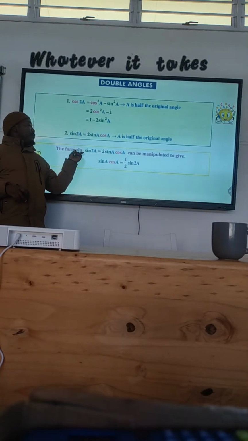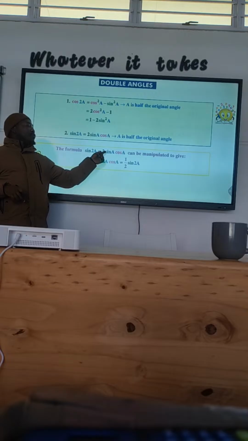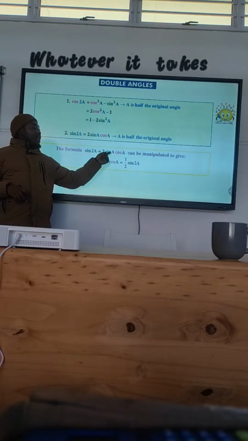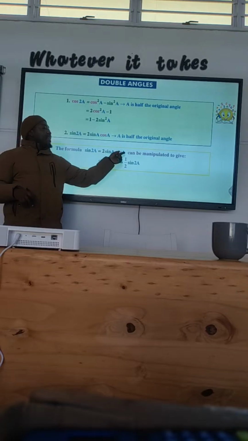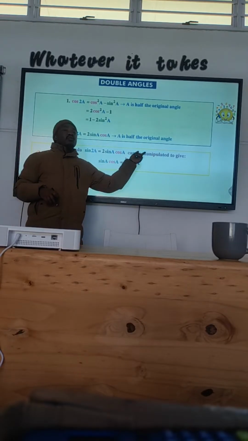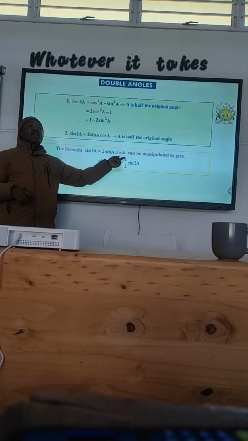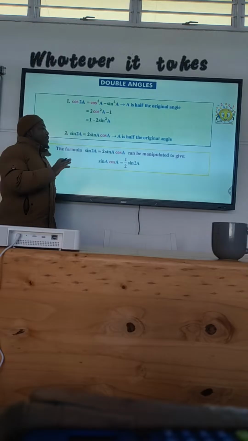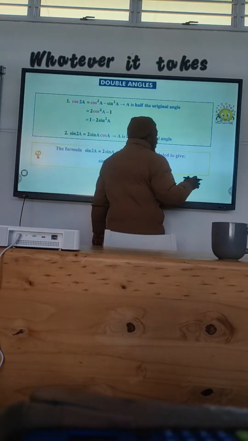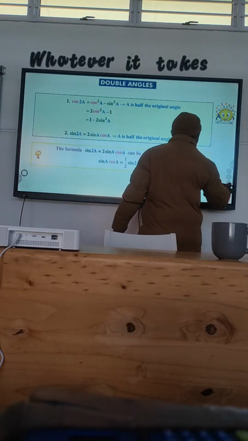The sine of 2a is the same as 2 sine a cos a. But it can also be manipulated to give us the sine a cos a is the same as 1 over 2 sine 2a. What did they do? What they did on this side is just that they divided by 2.